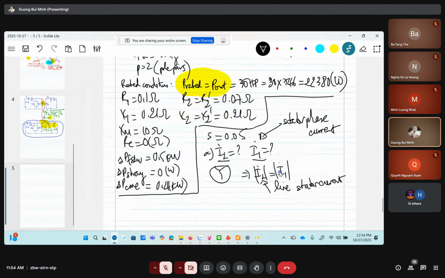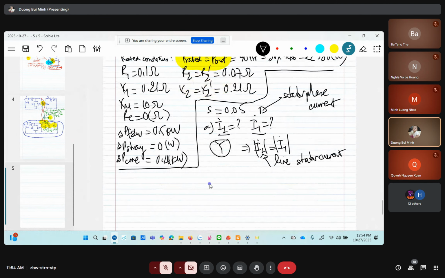So how can we calculate I1? I1 is V phase over Z_EQ, so we need to calculate Z_EQ.